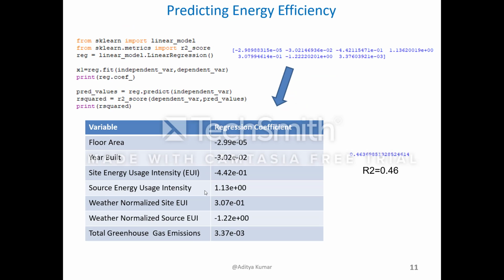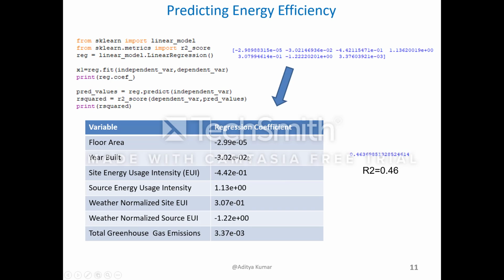So that might be a reason why this year built variable is not that highly rated. So the next step is predicting the energy efficiency. For this I am using a simple linear regression model with all the previously used variables. I have written this model in Python, and these are the regression coefficients. My R square value was decent, but it was not very high, which I'll probably discuss in the next slide.